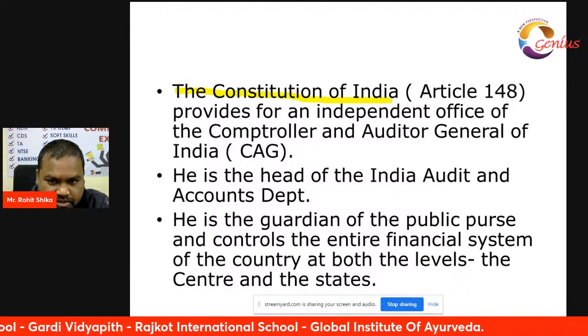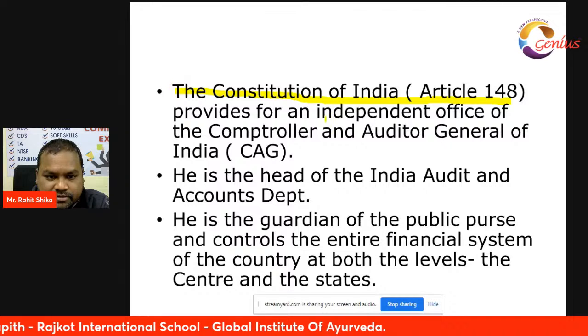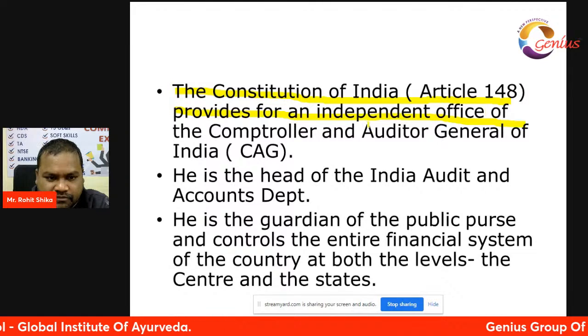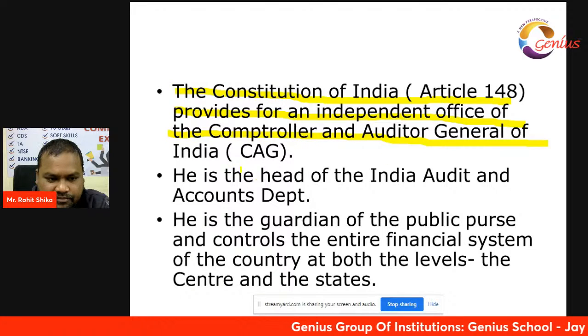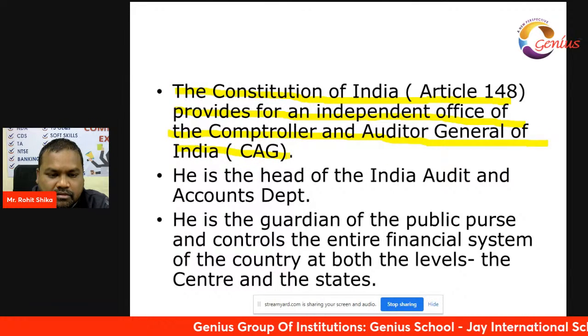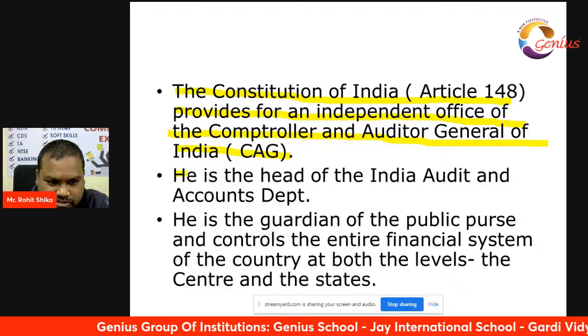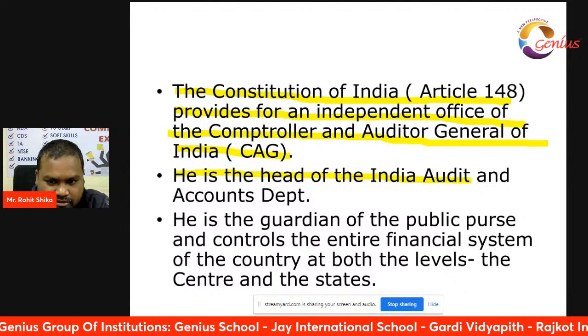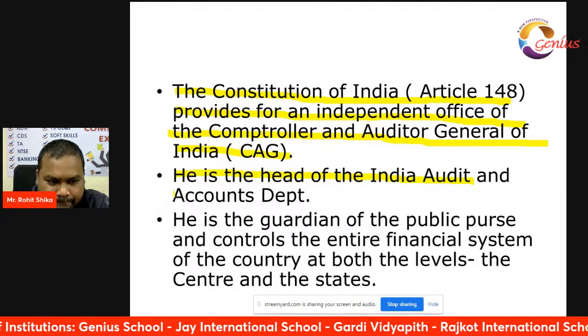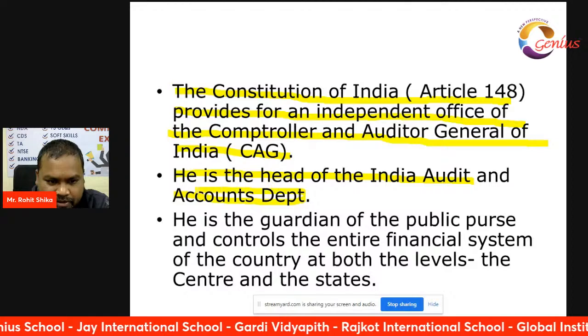The Constitution of India, Article 148, provides for an independent office of the Comptroller and Auditor General of India. He is the head of the Indian Audit and Accounts Department.